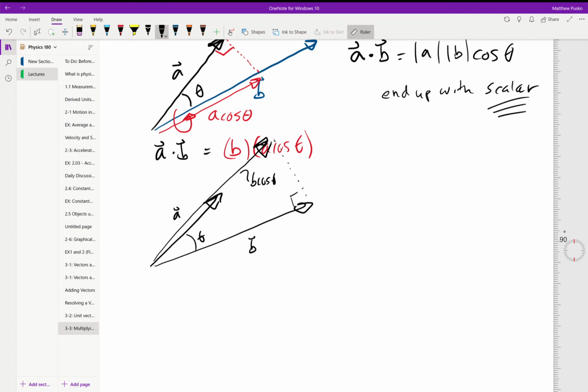So we can think of it as the magnitude of one vector times the scalar component in the direction of that first vector, or vice versa. So one more time, the magnitude of one of the vectors times the scalar component in the direction of the first vector.